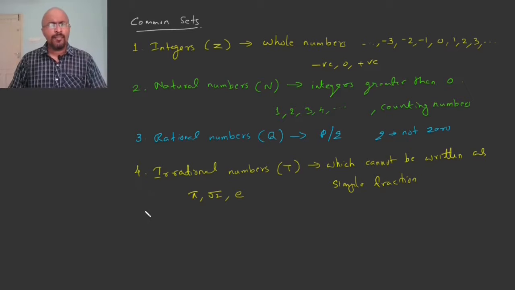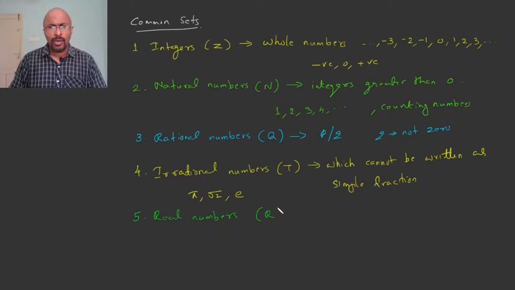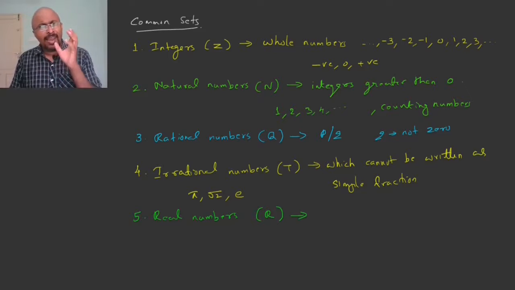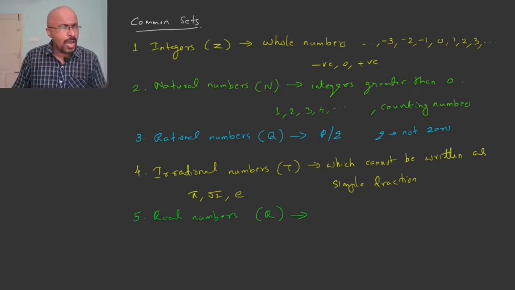The last common set we are going to study is the real numbers. That is the set of real numbers, represented as capital R. A real number is a value of a continuous quantity that can represent a distance along a line.